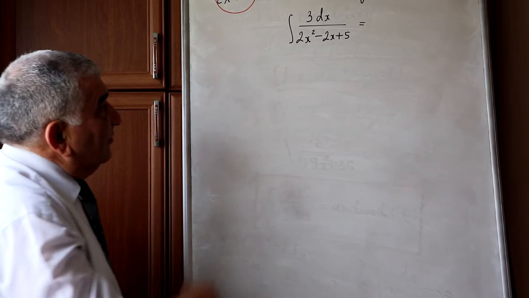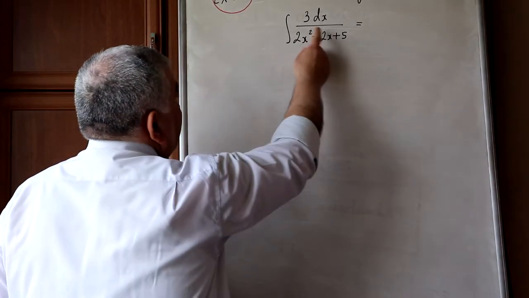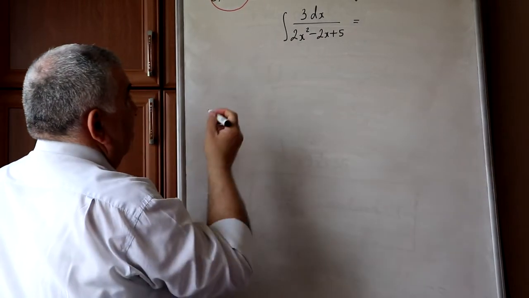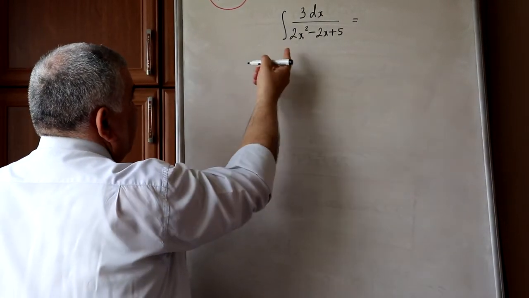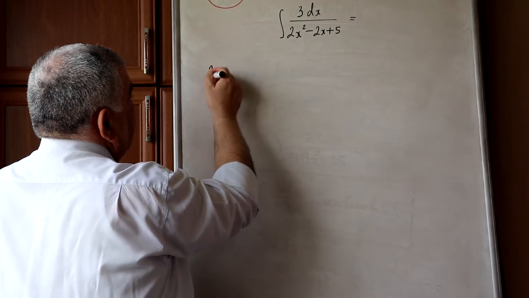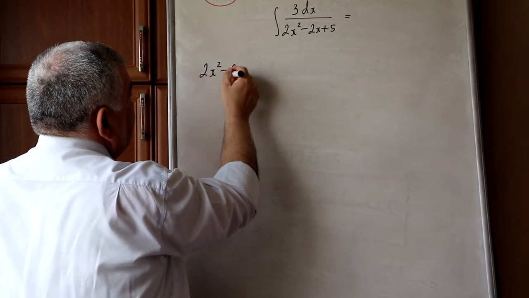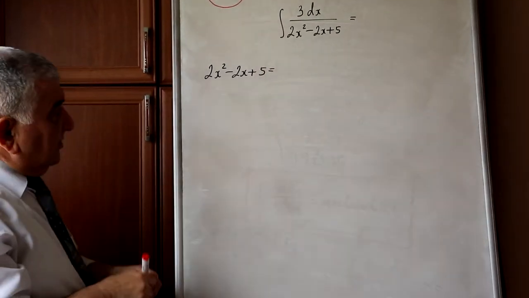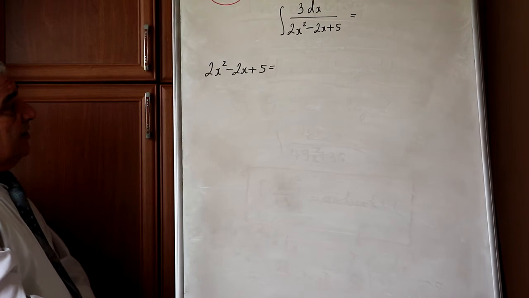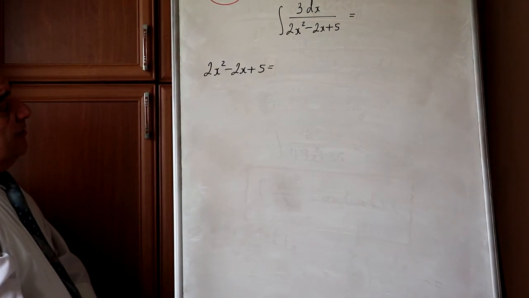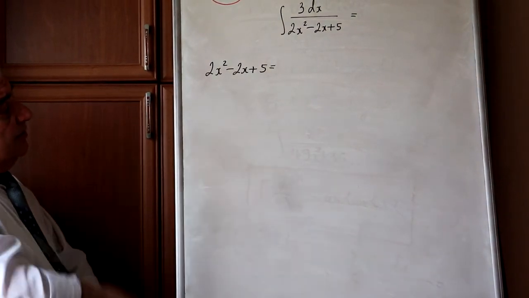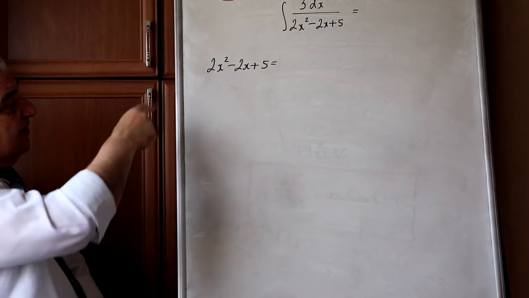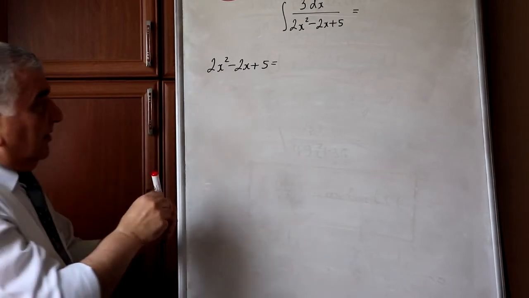For this we must complete the square in the denominator. Please complete the square. 2x squared minus 2x plus 5 is equal to, it is comfortable for completing the square if we multiply and divide this expression by 2.